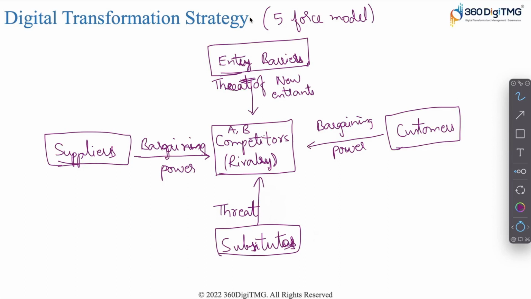Only once you analyze all these things can you actually get into a zone where you start thinking about where to channel your digital transformation energy in your company. Implementing digital transformation is going to be a challenging task.